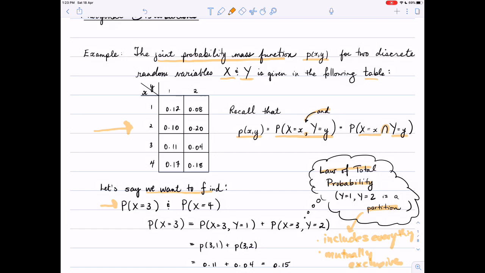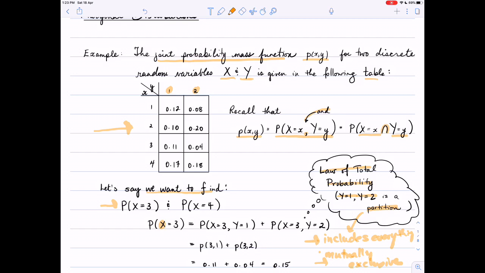And if we have that situation, then you can take the intersection, right? If you want the probability of X equals whatever, you take the intersection with each of the subcases in the partition. And so Y equals 1 and Y equals 2 is a partition. They cannot happen at the same time. They are mutually exclusive, and those are the only two values in the table. So they are exhaustive. They include everything.